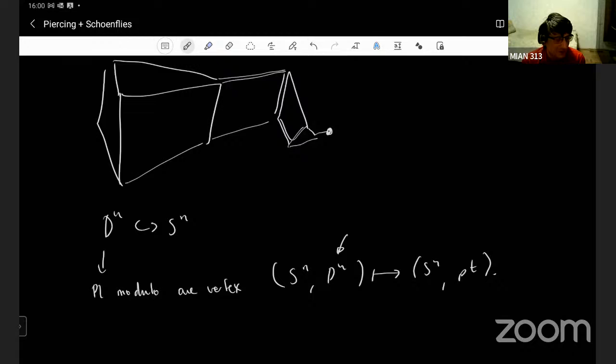So then the fundamental group of the complement is non-trivial. And if you have such a pseudo-isotopy, then the fundamental group of the complement of the point is trivial. So you cannot have such a pseudo-isotopy. Okay, that makes sense.